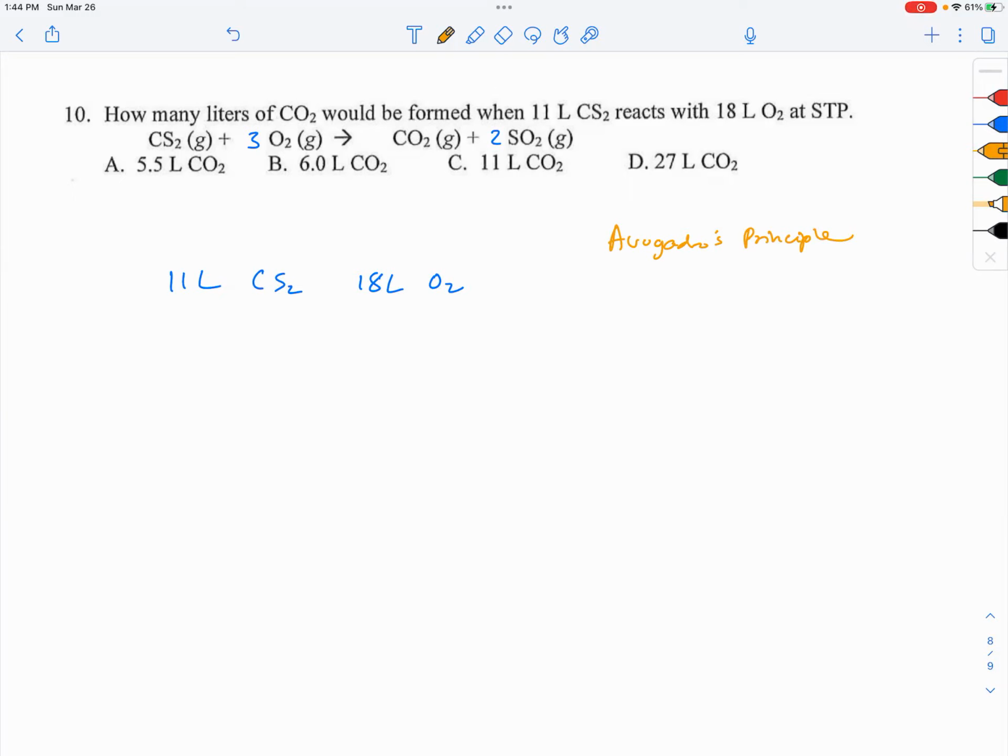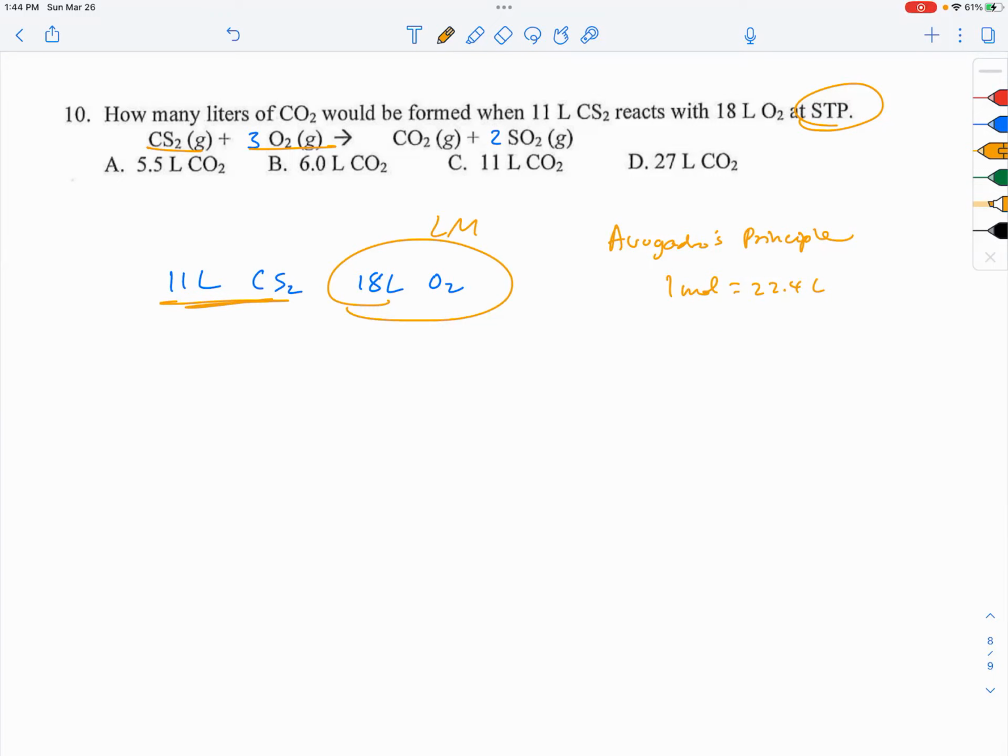Okay, now you may say 1 mole is 22.4 liters because it's STP, but it's also perfectly okay to treat liters as if they're moles. And that's how I know O2 will be our limiting reactant because the ratio is 1 to 3. If I have 11 liters of CS2, I would need 33 liters of O2, which I don't have. So therefore, this is the limiting reactant.